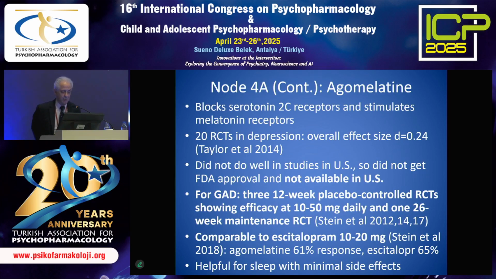But it is approved elsewhere, and it turns out it's had three 12-week placebo-controlled randomized trials in GAD, showing efficacy at 10 to 50 milligrams daily, and it has a 26-week maintenance randomized trial by Dan Stein and colleagues.